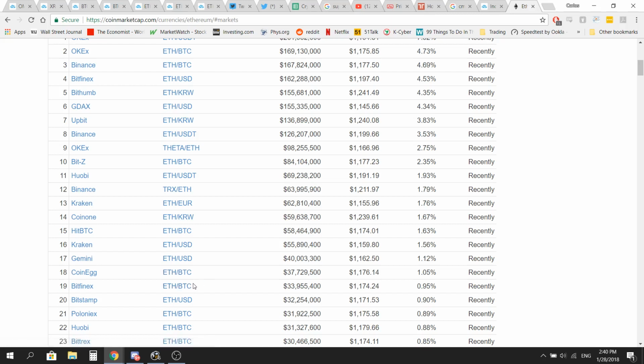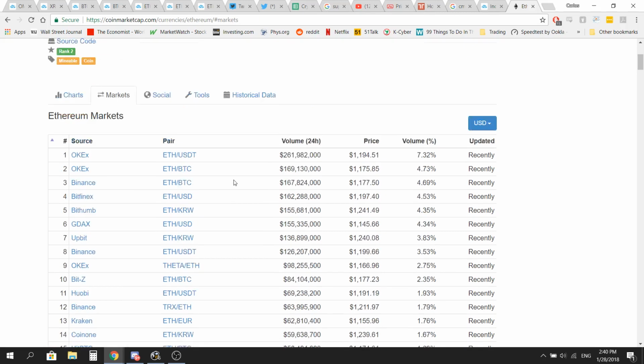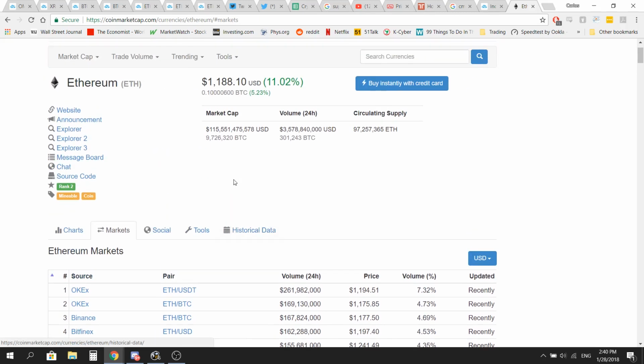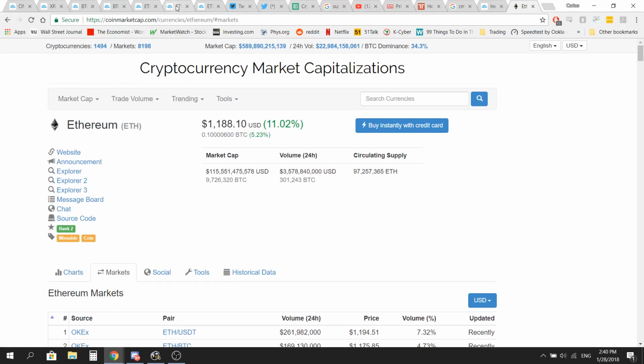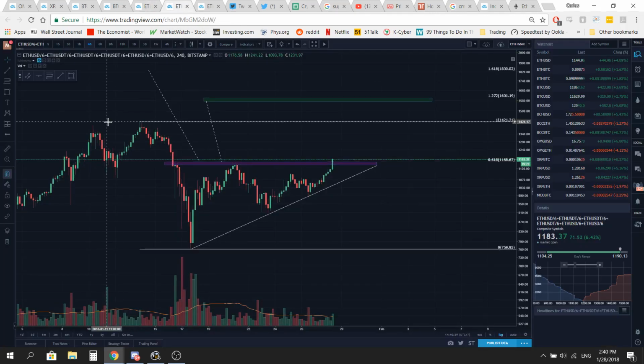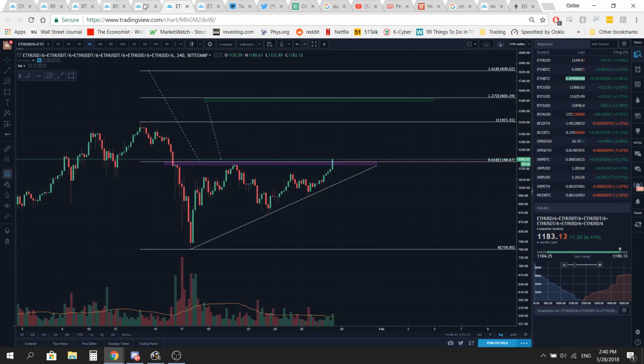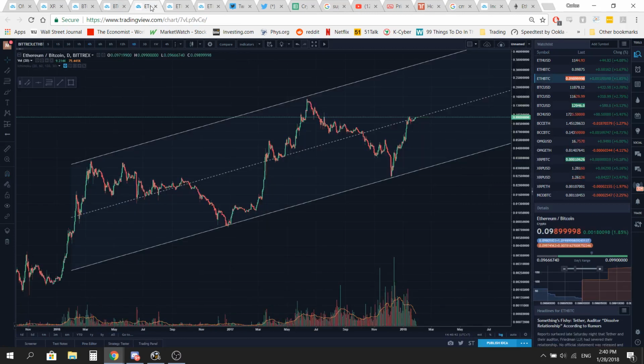Even if you add in Bitfinex in there and Poloniex, it's still significantly lower than the USD volume. So for right now, at this point in time, I'm definitely taking the USD chart more seriously than I am the ETH BTC chart. I think that's really the case for BTC, ETH, possibly Ripple.